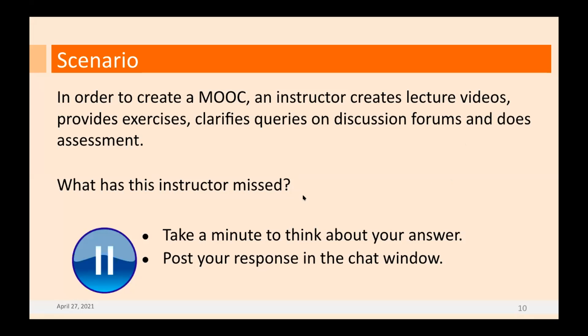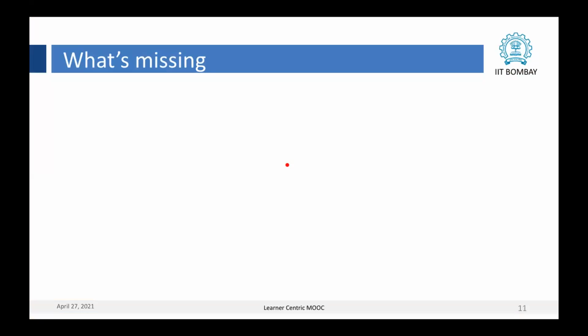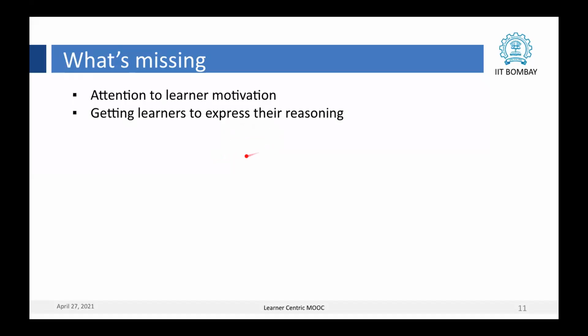So to compile your responses, in addition to what you have said, let us see what I have to say. What's missing in this particular scenario, like most of you have said, is attention to learner motivation. Then getting learners to express their reasoning could be missing.